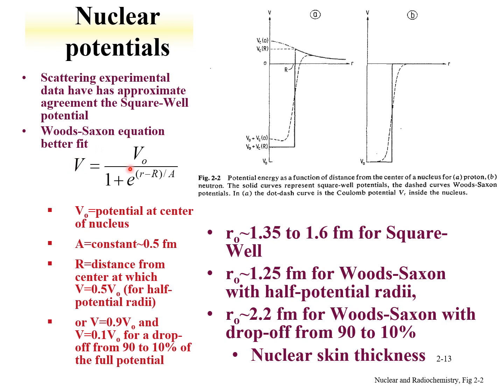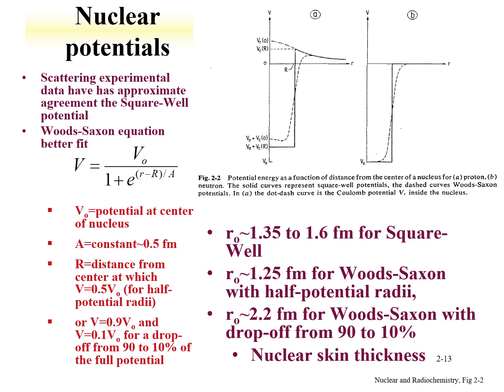And you can determine something about a potential by understanding the potential at the origin and applying this equation, where R is the distance from the center at which you get a half potential, a is a constant, and this is the potential at the center of the nucleus.